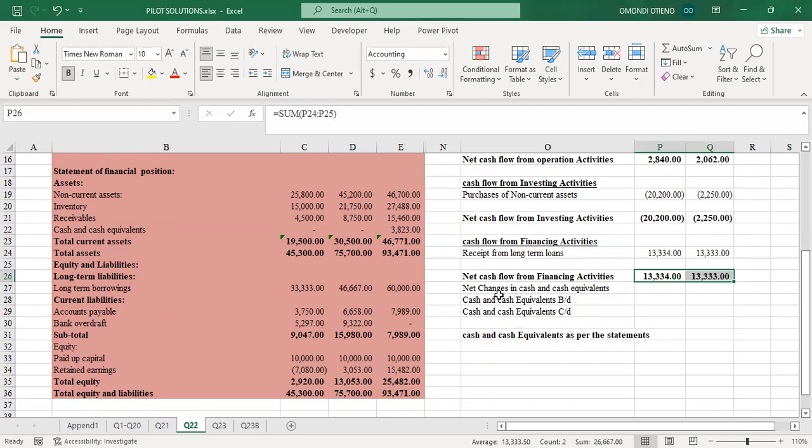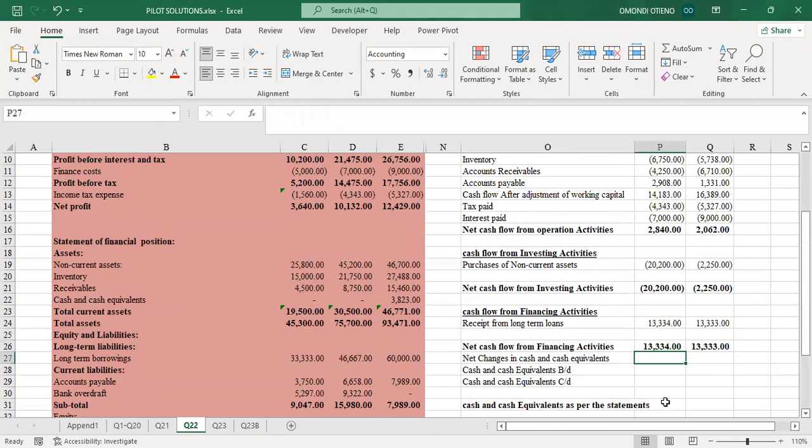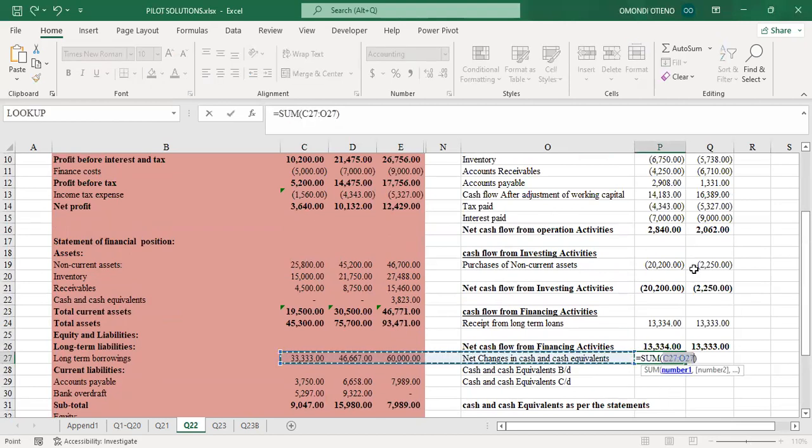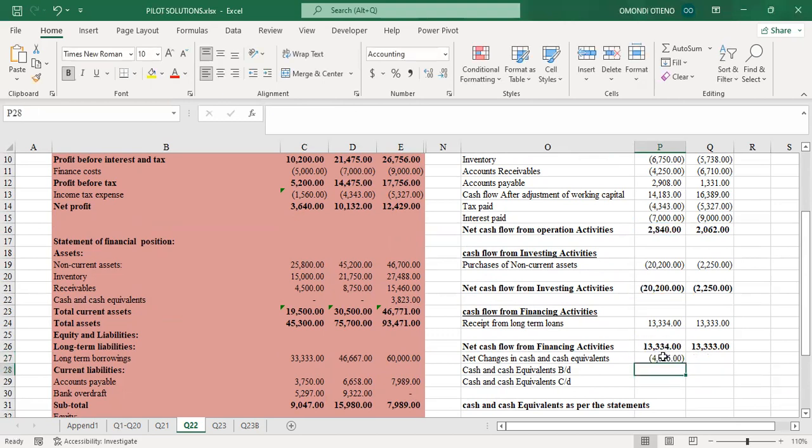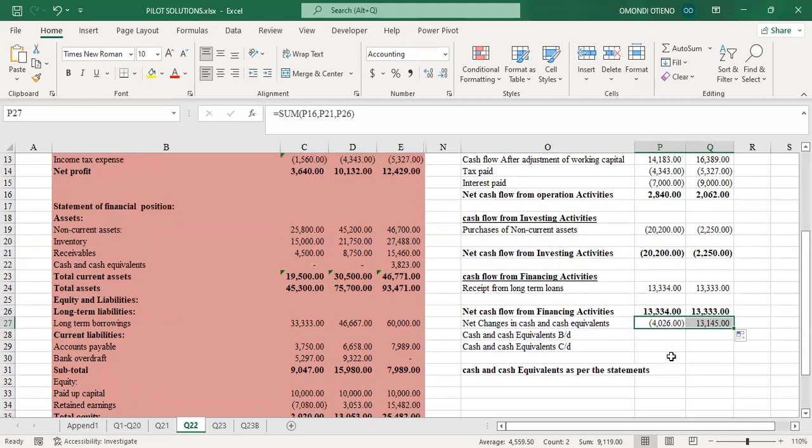So let us now get the net changes in cash and cash equivalents. We are going to say equal to the summation of net cash flow from operating activities, net cash flow from investing activities, and net cash flow from financing activities. That's what we have there as the net changes in cash and cash equivalents.